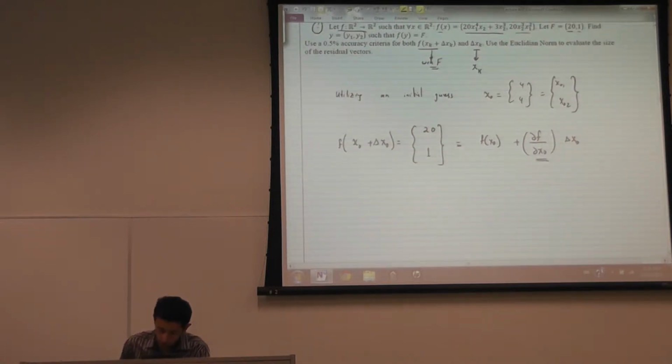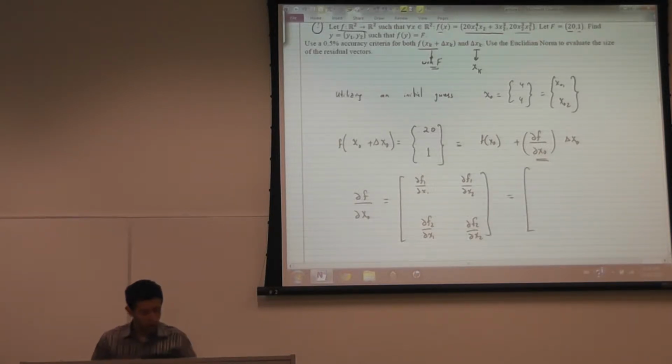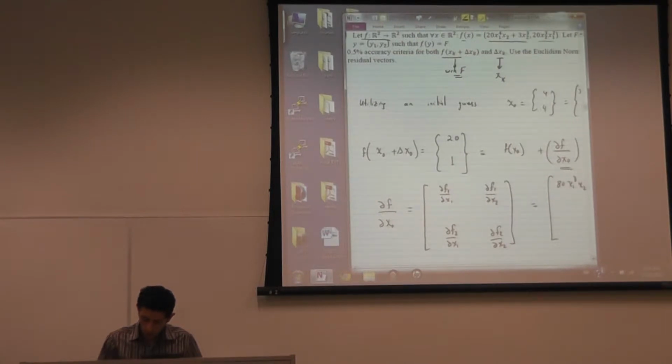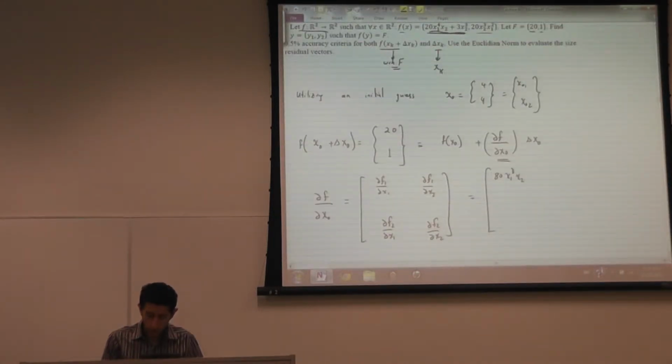So what is partial f by partial x naught? This is a matrix: partial f1 by partial x1, partial f1 by partial x2, partial f2 by partial x1, partial f2 by partial x2. This is f1, partial f1 by partial x1 is equal to this.